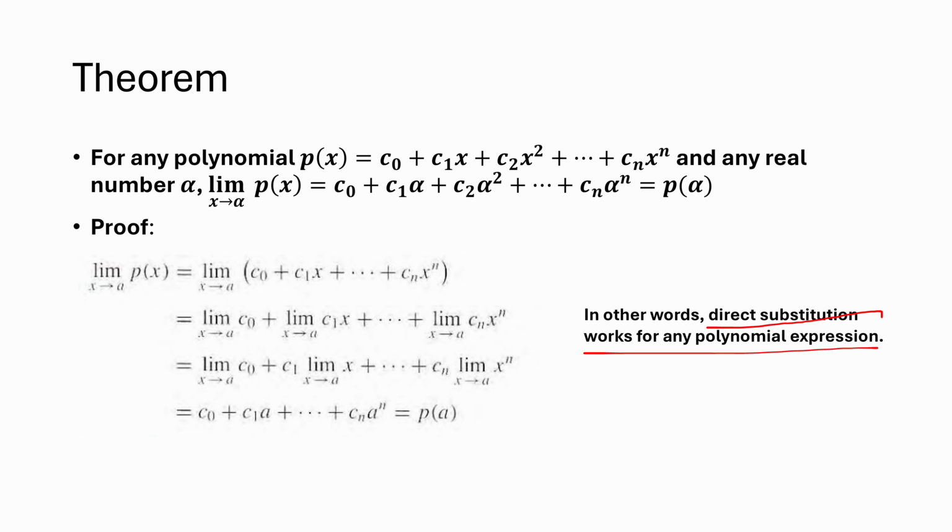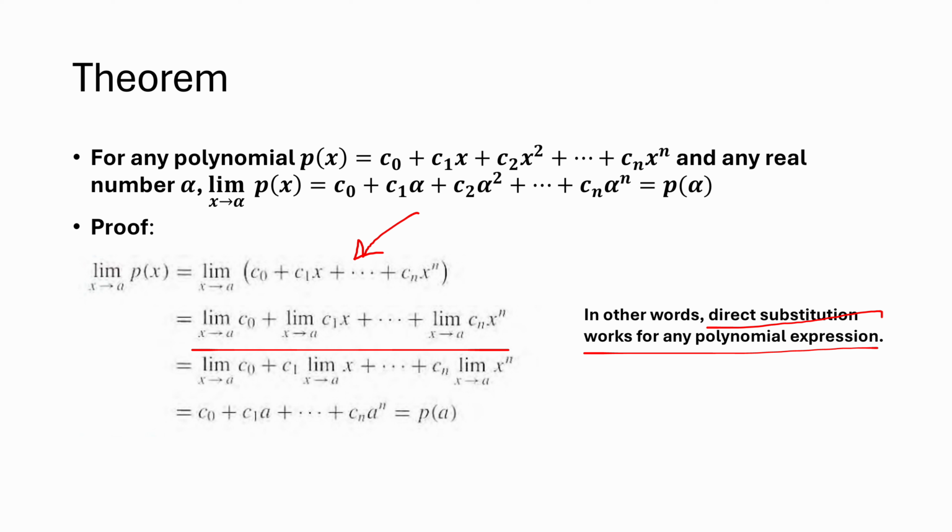Proof. The limit as x goes to alpha of p of x equals the limit as x goes to alpha of the polynomial. We substitute these values in, and by the property that I explained to you last slide, we can divide all the limits into the limit as x goes to alpha of c0 plus the limit as x goes to alpha of c1x, like that.